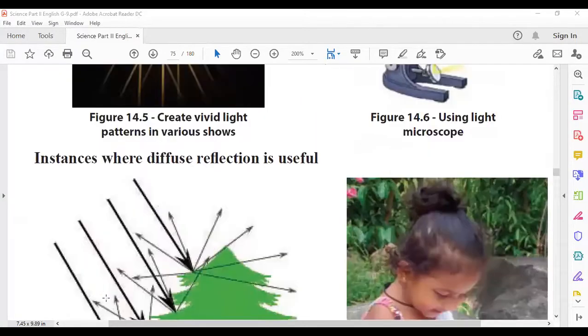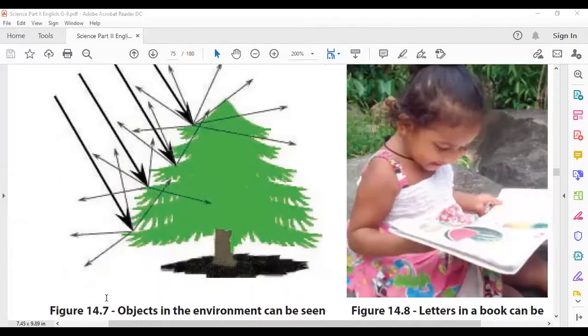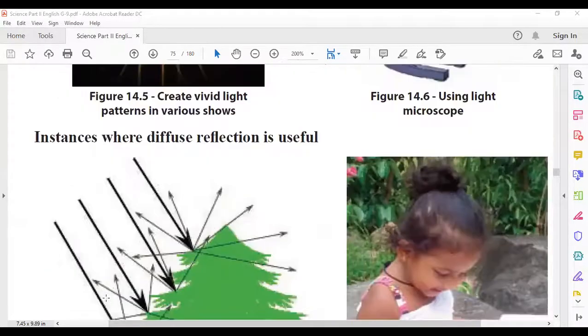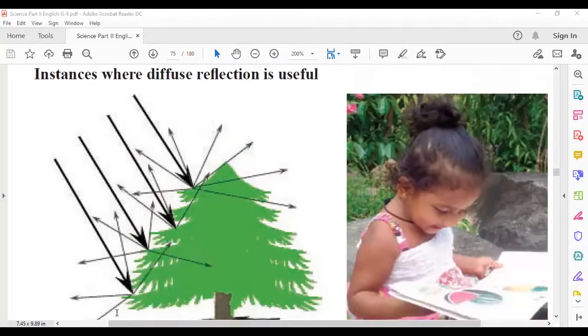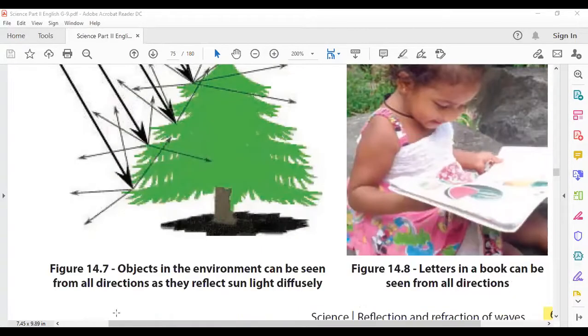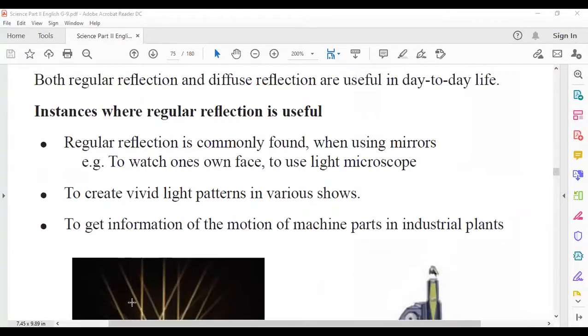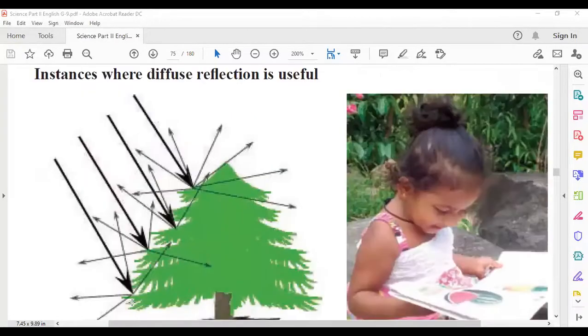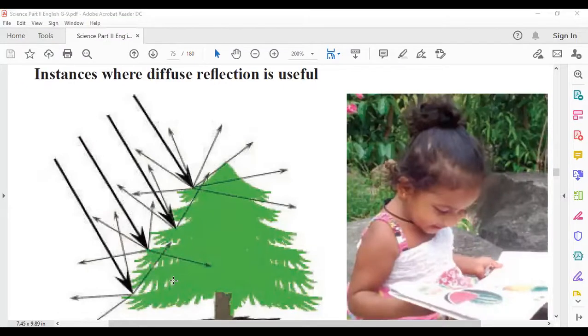For diffuse reflection, they say when you see a tree, when you read a book, those are examples of diffuse reflection. Here we don't want to go into very great detail asking why, what, how and when. We just say these three are regular reflection and these two are diffuse reflection. That way moving is very easy, without wasting time.